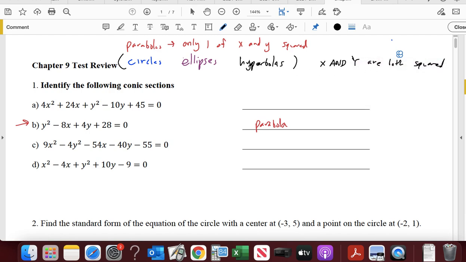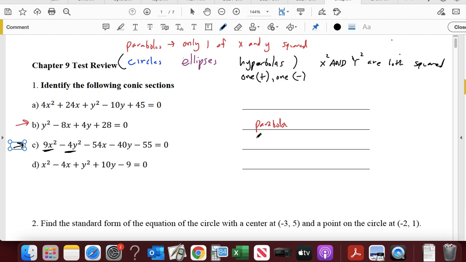But for hyperbolas, you have one positive and one negative out of the x squared and y squared. So you're looking for x squared and y squared, but you've got one positive and one negative for hyperbolas. So we scan through these and we see that this one right here has your one positive and one negative squared term.